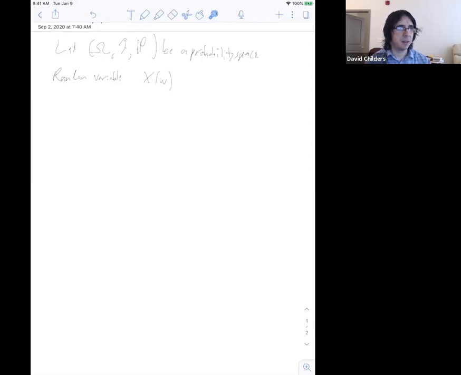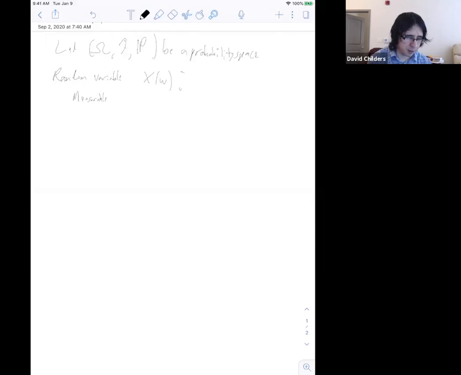And we associate this not just with Ω, but because this probability space is equipped with a sigma algebra and a probability, this is actually a function from Ω and F with probability P, and it's measurable.